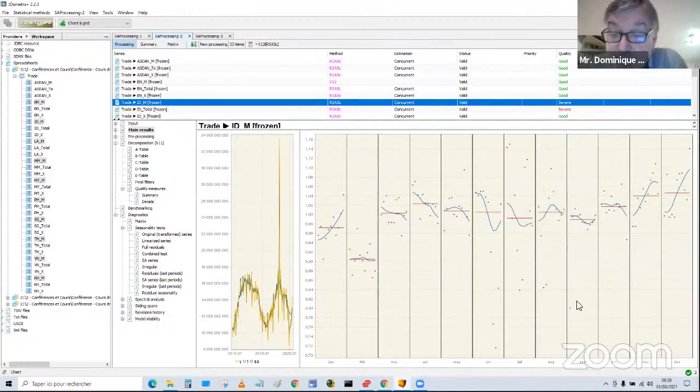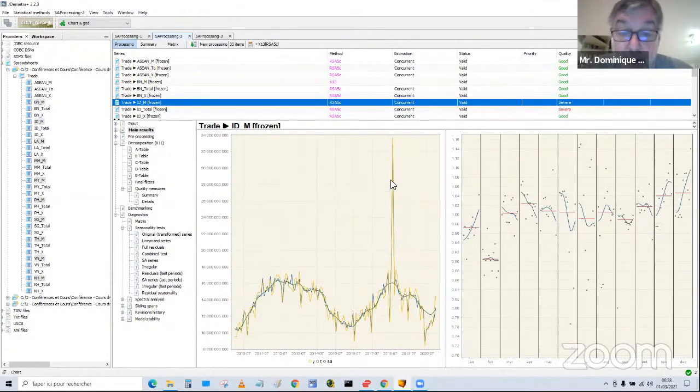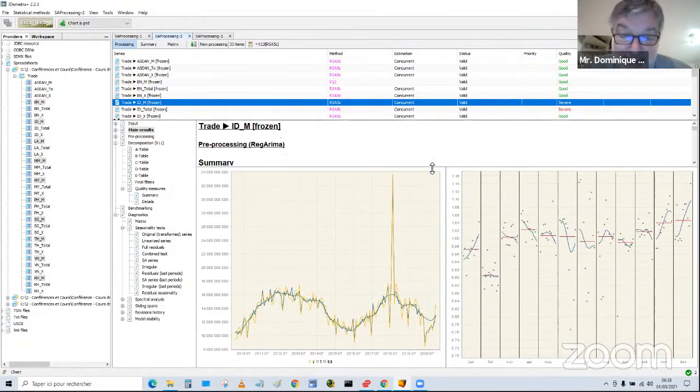See, because of this point, for example, it's difficult to make the difference between this one and this one. But anyway, it works. So we do have a seasonal coefficient. It's clear that the tests are okay. I have, of course, a big outlier, but we know which one it was, okay?